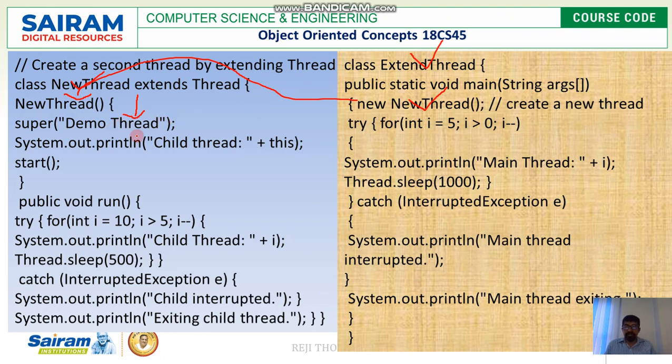And now we are going to pass demo thread as the parameter, and I'm going to print a message called child thread, this. So this is nothing but a reference to the object which has invoked this method. We have seen this in many cases. So which is going to print the name of the child thread.